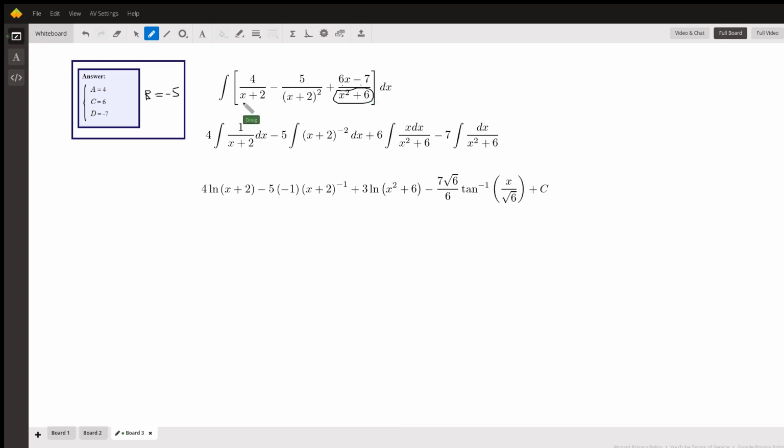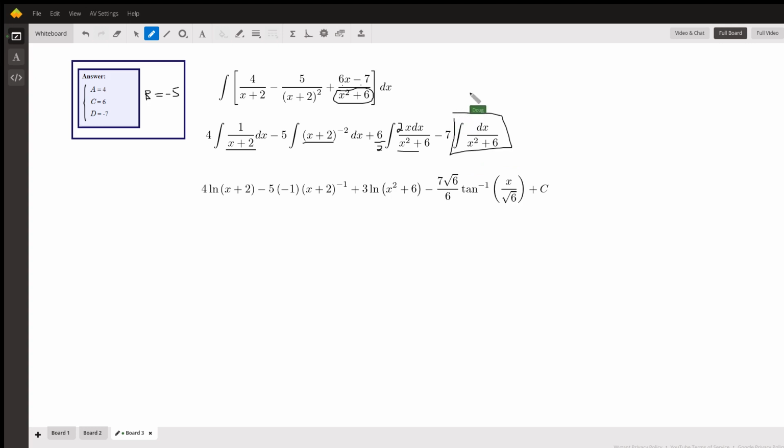And so we've got 4 times this antiderivative, minus 5 times this antiderivative, plus 6 times this antiderivative. Using u substitution here, u is x squared plus 6, so du is 2x dx, so we do something like this. And minus 7 times this guy.